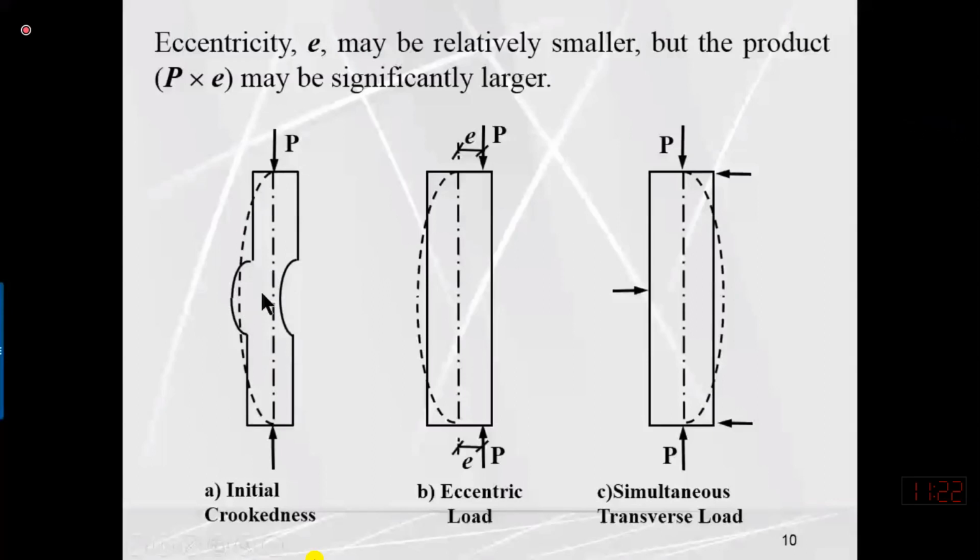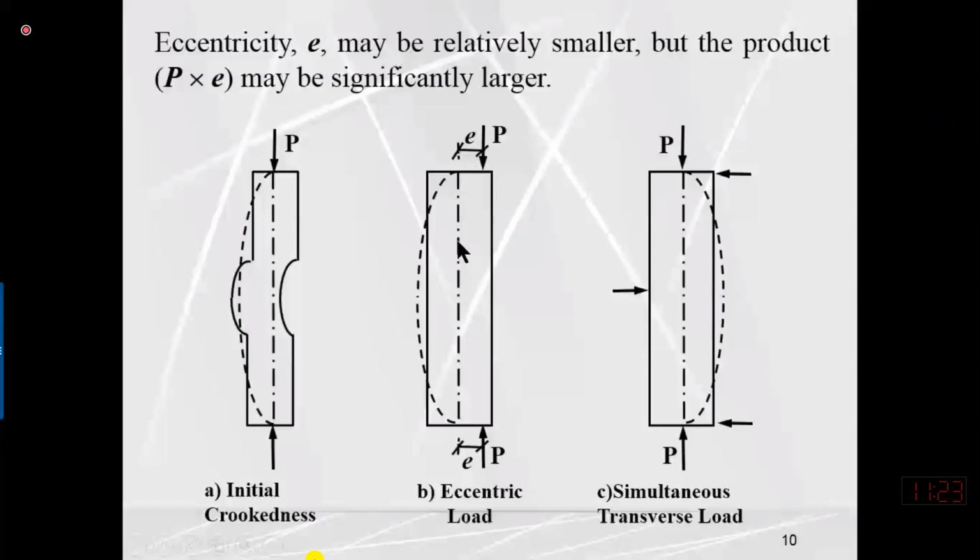Similarly, if we are having a perfectly straight column, this is the theoretical center line, and the line of action of the load is parallel to the theoretical center line, so the load is actually not passing through it. So the load is eccentric, with eccentricity e. So this column is subjected to moment. If I multiply P into e, it is producing clockwise moment.